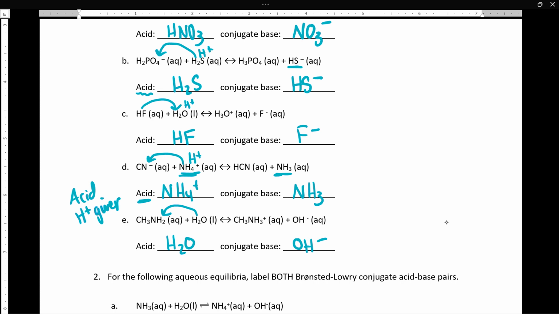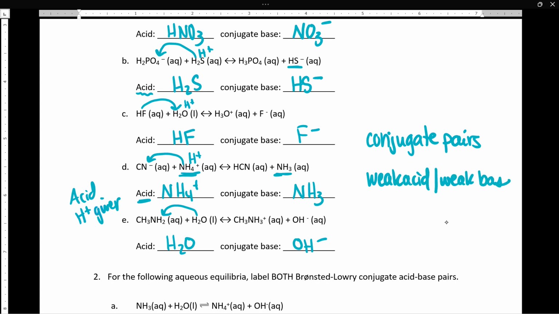Something I want to throw in at this point, which we will come back to later, is that when you're talking about these conjugate acid-base pairs, the conjugate of a weak acid is going to be a weak base. So we sometimes say weak pairs with weak.